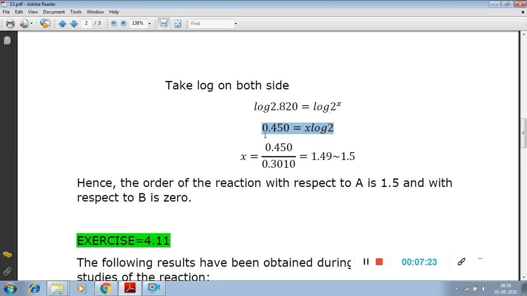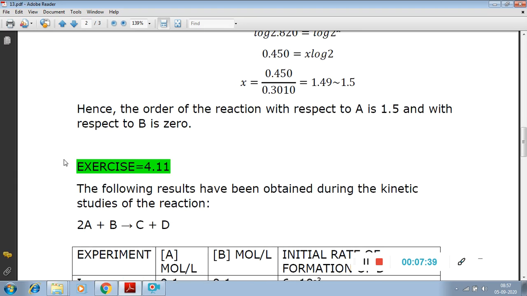X is equal to 0.450 divided by log 2. Log 2 value is 0.3010. So this division you will get 1.49, that is almost equal to 1.5. Hence we can say that order of reaction with respect to component A is 1.5 and with respect to component B is 0.